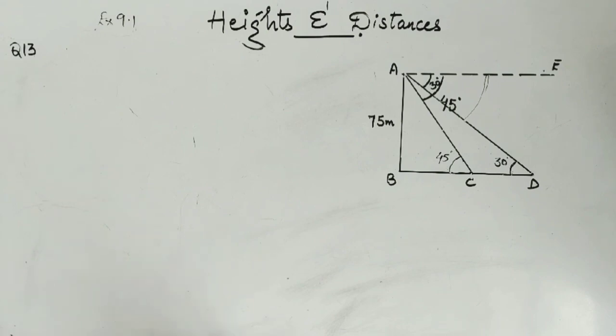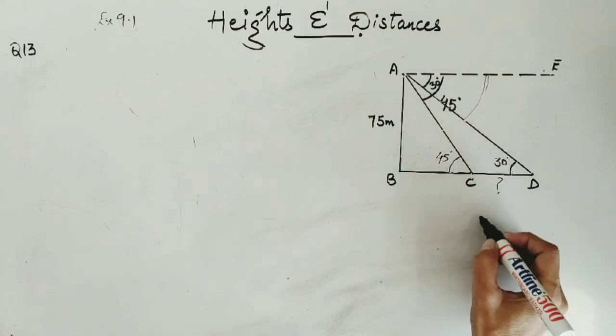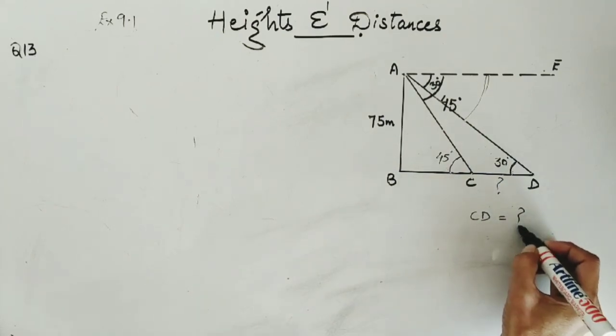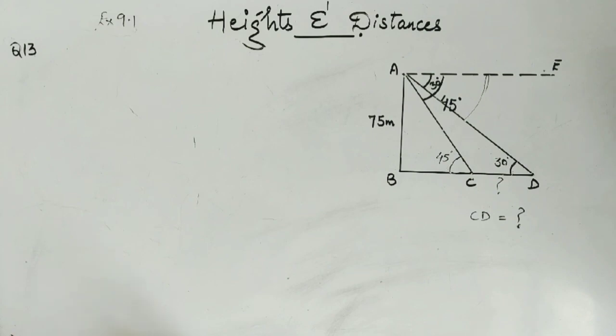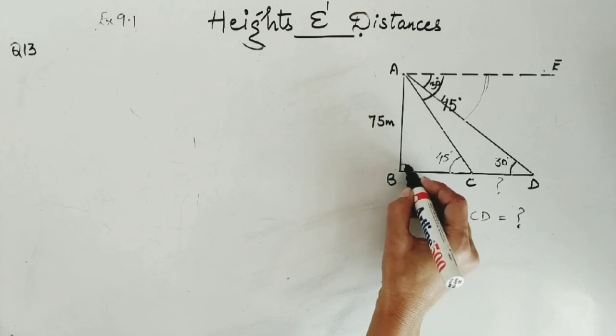We need to find the distance between both the ships. We just need this distance CD. CD is unknown. Quite simple. Let's begin. First of all, we'll take the right angle triangle. This is 90.